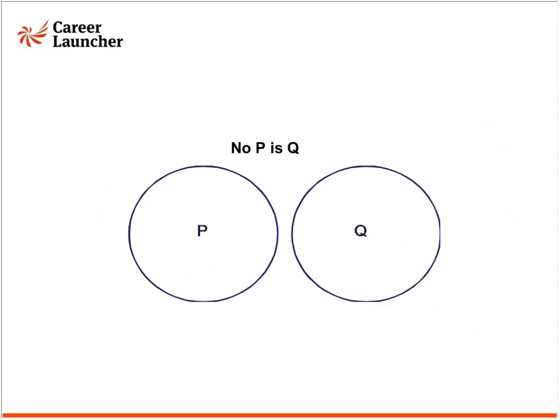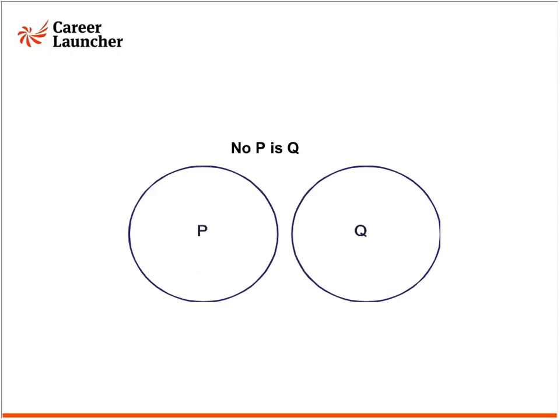Okay, so the next concept is no P is Q. As the name indicates, no P is Q, meaning the set of P is very different from the set of Q. So no P's will be Q. Let's take an example.